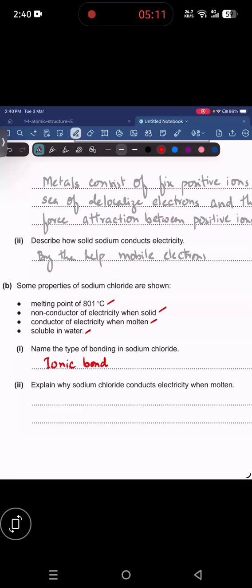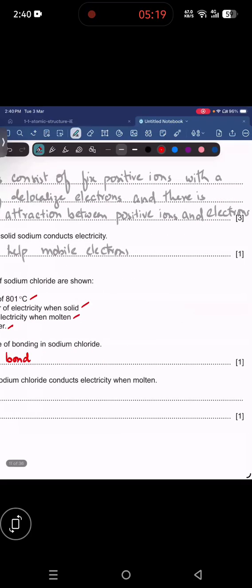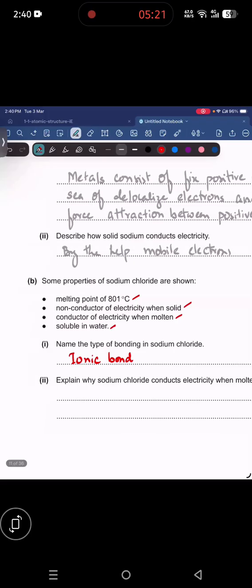Explain why sodium chloride conducts electricity when molten. Can any one of you please give me the answer for this one? You have to give the answer for 1 mark only, which means one statement. No, not the electrons. It's an ionic bond.